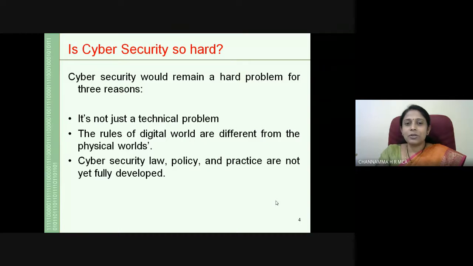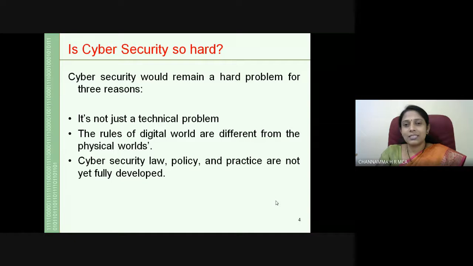So that is the way we protect our data. In encryption also we have a public key, a private key or a secret key. In password protection also we have a password. If we reveal that, then anybody can access it and modify it or use it for their purpose. So it is not just a technical problem.